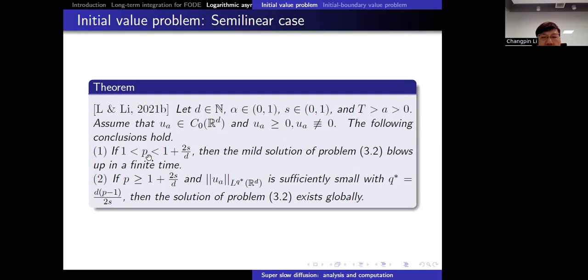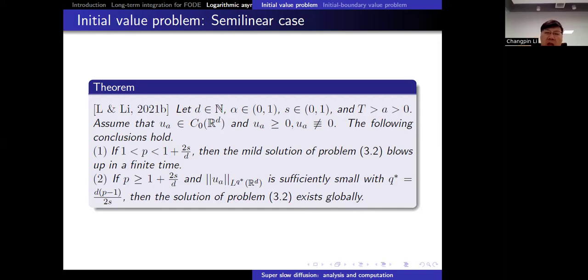If p is bigger than this, and the initial value is sufficiently small, then the solution exists globally. Loosely speaking, if the initial value is small, then a global solution exists.